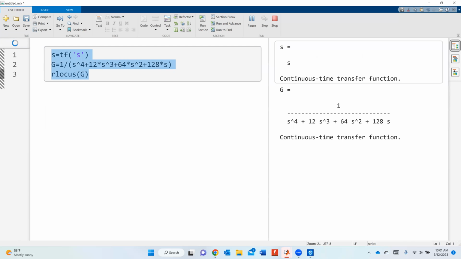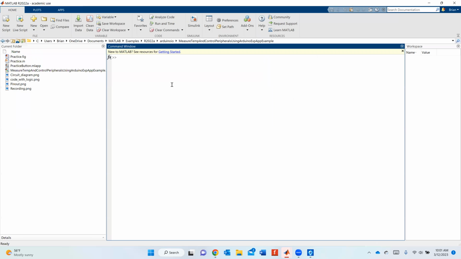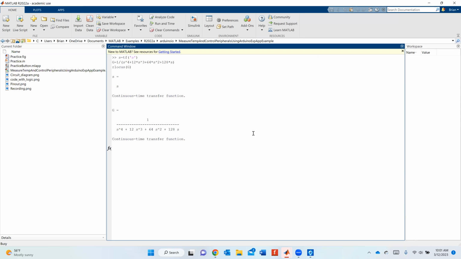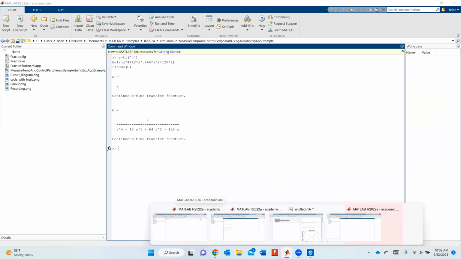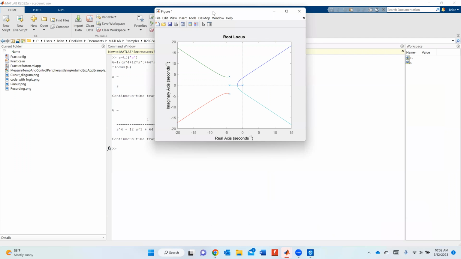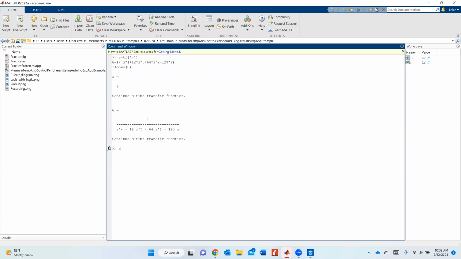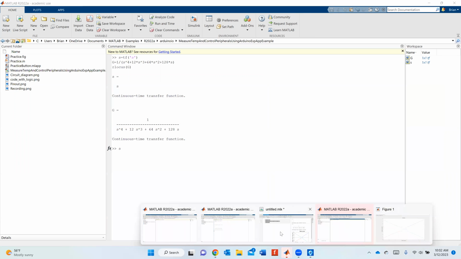Let me just try doing it in live script, might be faster. There we go. And so then here's your root locus plot right here, and it just shows what we got before.